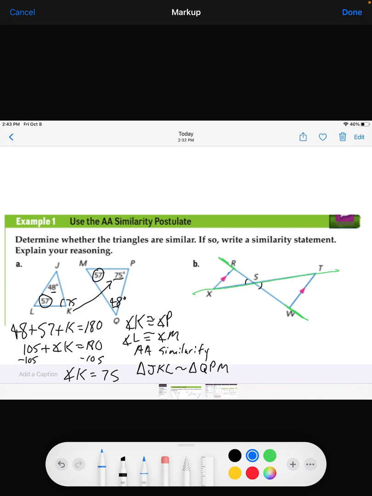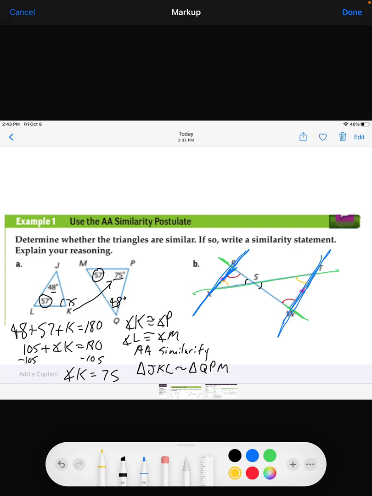So these two lines here are parallel. So if we look at the angles that it makes, we can see that this angle and this angle are alternate interior angles as well as these angles. So we can pick any pair of angles. We see that all three are equal, but we only need two.